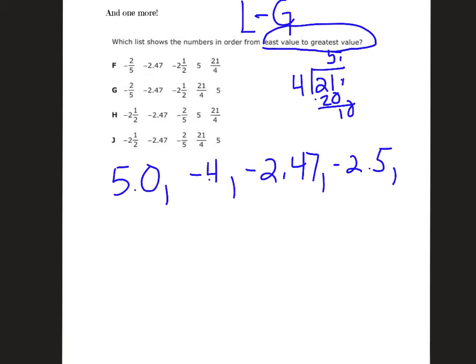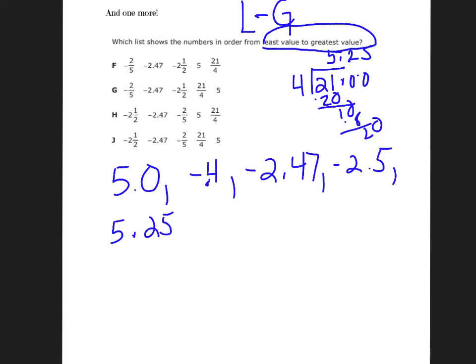Add a 0. 4 can go into 10 2 times, that's 8. And that's 2. Add another 0. 4 can go into 20 5 times. So this one would be 5 and 25/100ths.